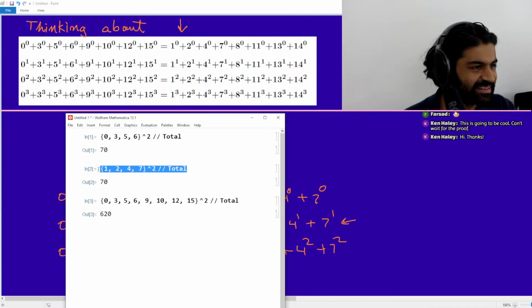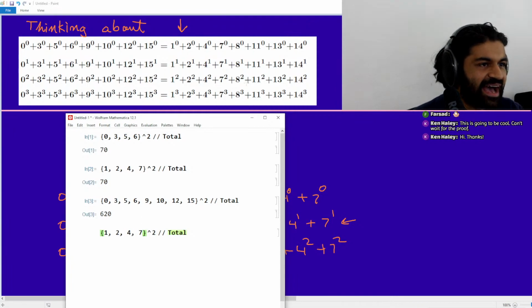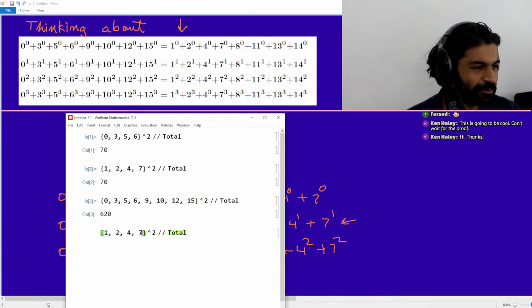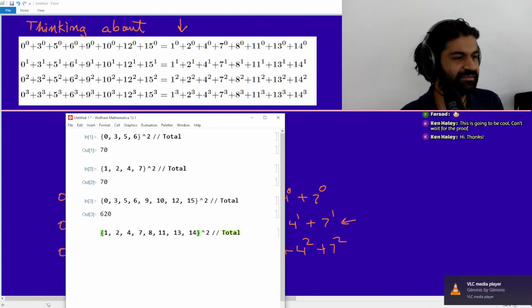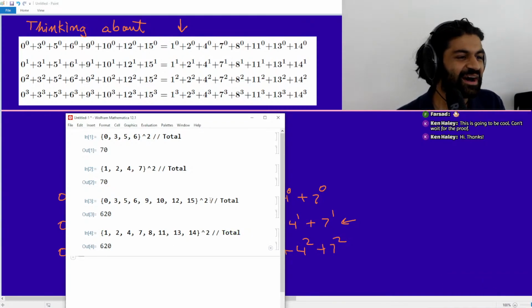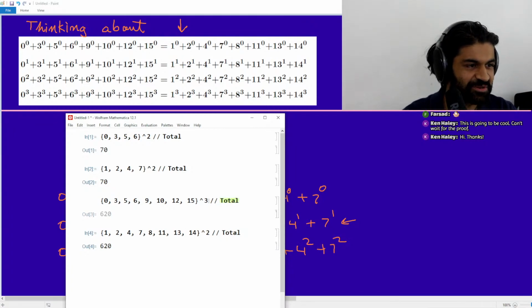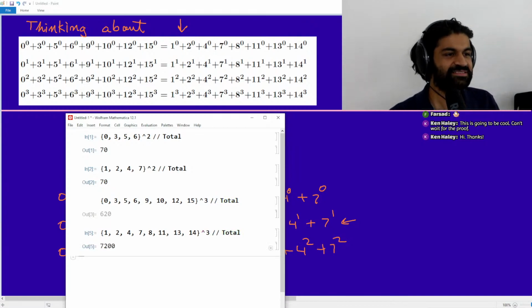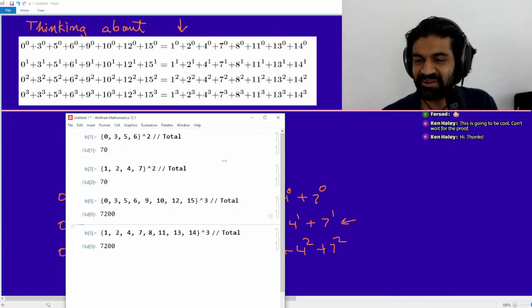And then 1, 2, 4, 7, I have to add 8, 11, 13, 14. Another 620. Interesting, right? But of course, the claim is that this will also work if I cube both sides and add everything. So I can just do a cube and cube. On this side, you get 7,200, and this side, you also get 7,200, okay?